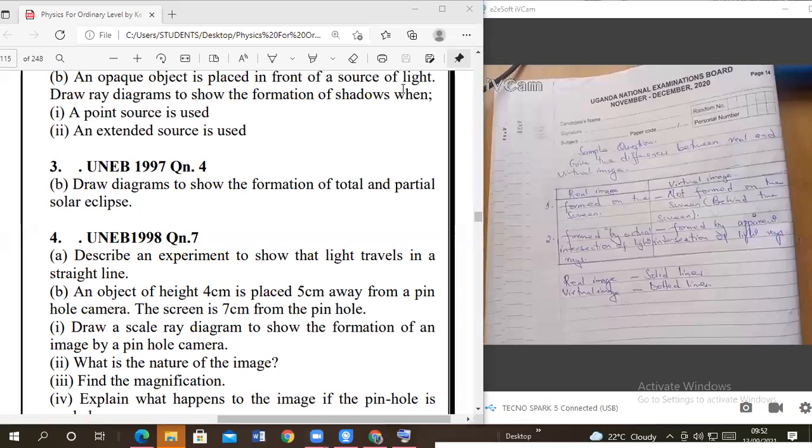And so I was asking, which type of image is formed in the eye? Is it real or virtual? Who can answer that? It's real. The image is real because it's formed due to the actual intersection of light rays.